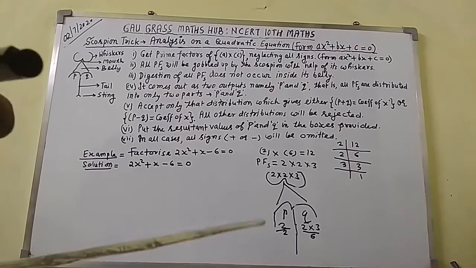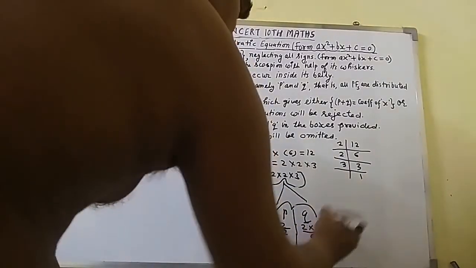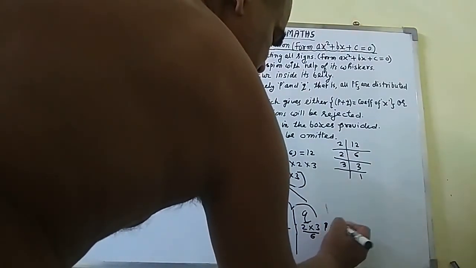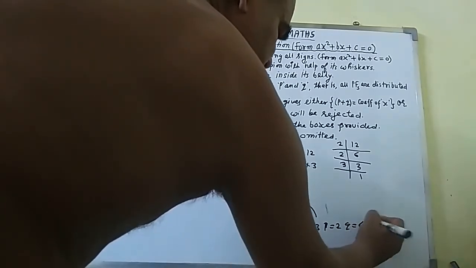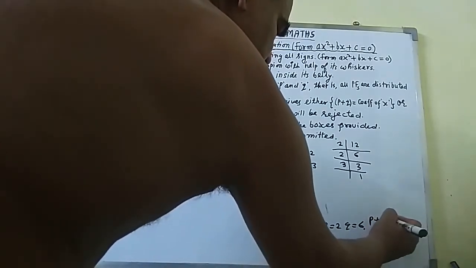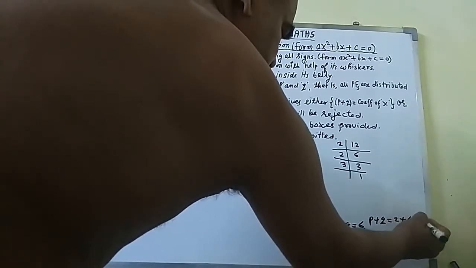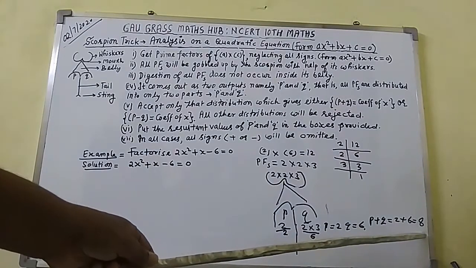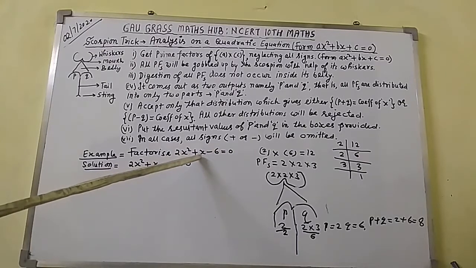Accept only that distribution which gives either P and Q. Now P equal to 2 and Q equal to 6 is there. If you do P plus Q, you will get 2 plus 6 equal to 8. This 8 is not the coefficient of x, since here the coefficient of x is plus 1.